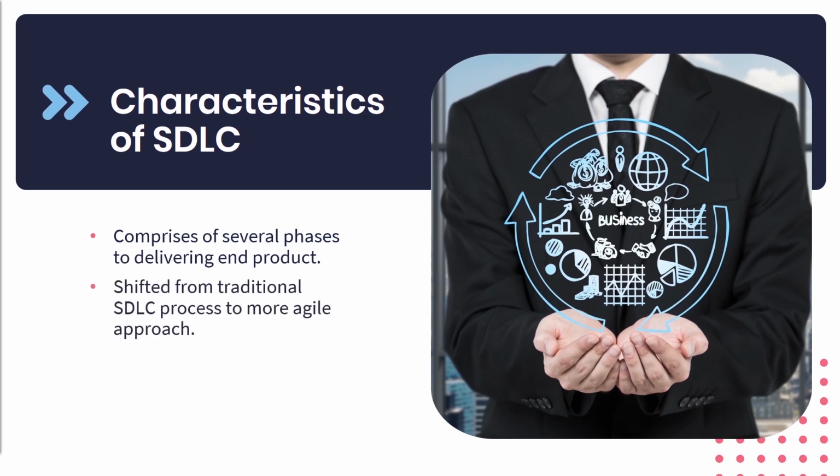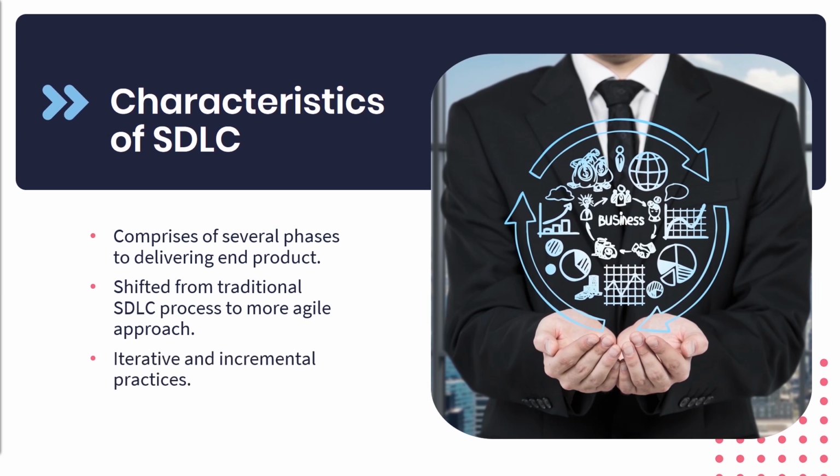Now, a second characteristic is that software development life cycles have grown and adapted since the use of modern technologies, for example, given the exchange in data and the innovative technologies currently available. As technology has grown, as projects have grown, so has the software development lifecycle to become more agile to account for these changes and needs.